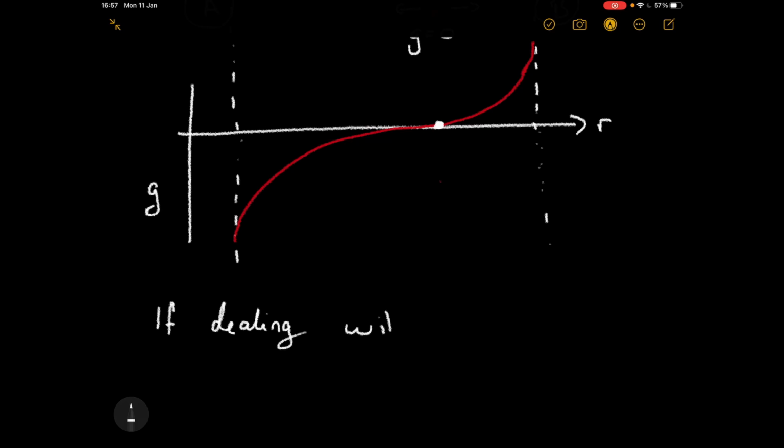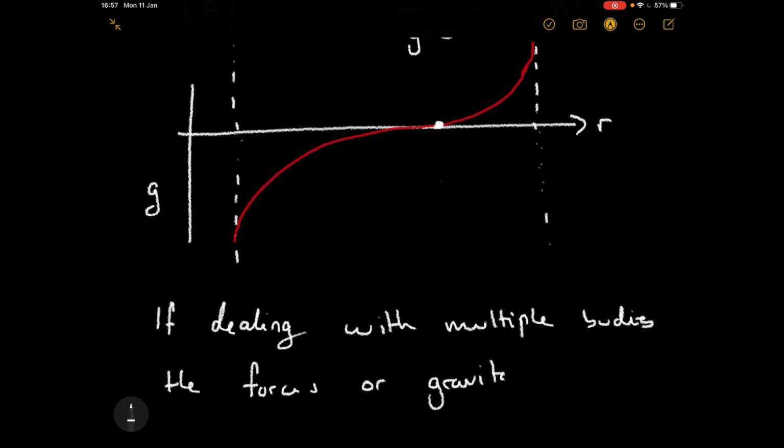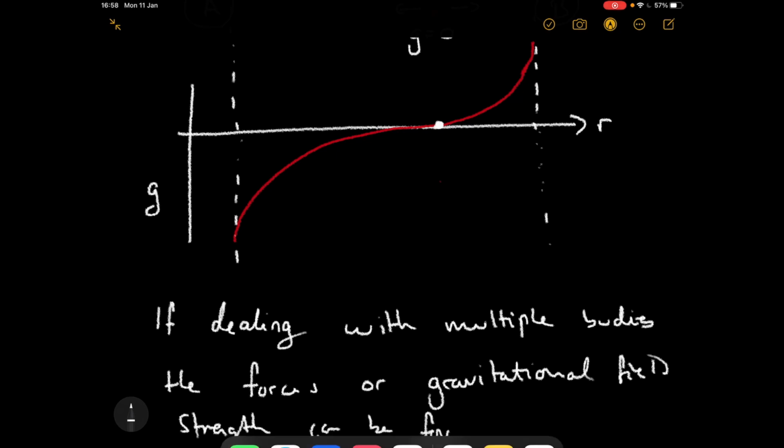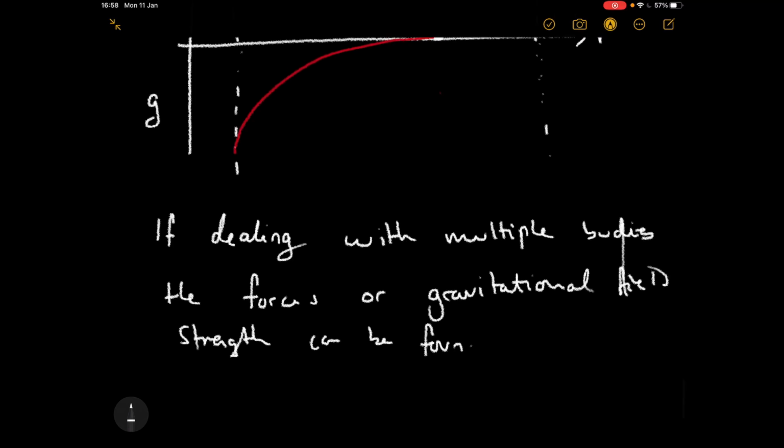So if dealing with multiple objects or multiple bodies, the forces or gravitational field strength can be found through the vector sum.